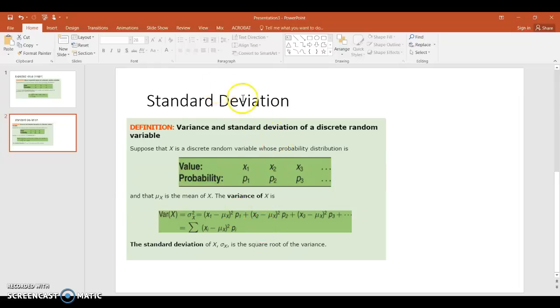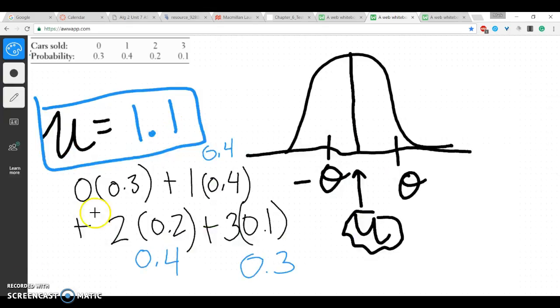After we do that, we're going to multiply it by its probability. So that's the newest thing. Once we do that and add them all up, that's our variance. And how you get from your variance to your standard deviation is you take the square root of that. So we're going to try that for this table right here.